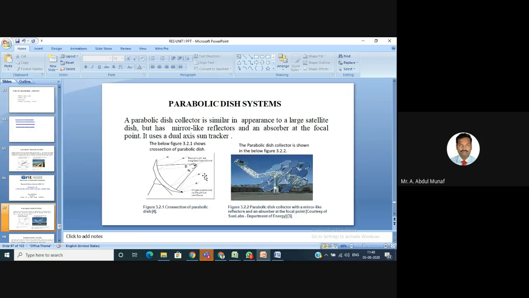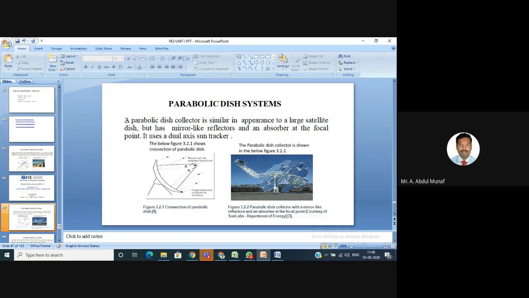But this parabolic dish system will move in two axes: from east to west, as well as from north to south. We can move the parabolic dish system with the help of tracking equipment, that is the control system.